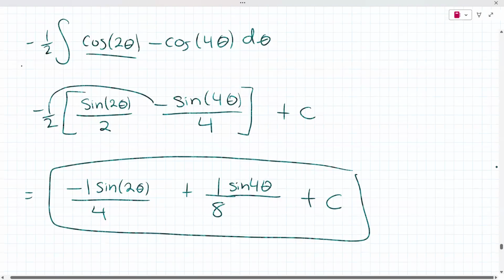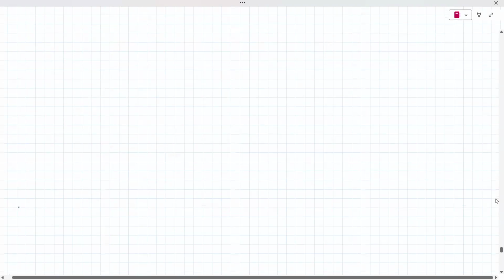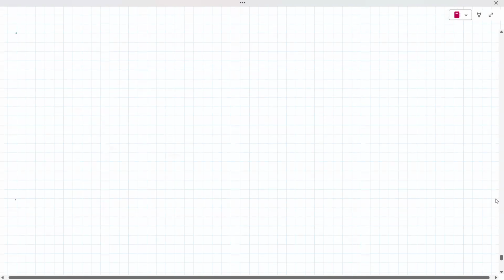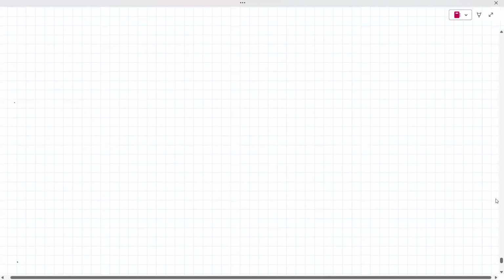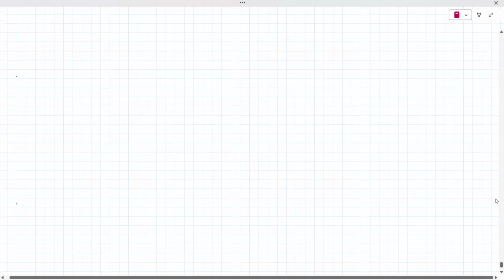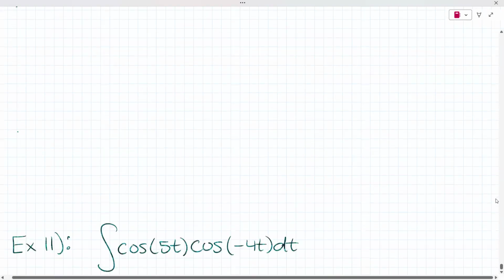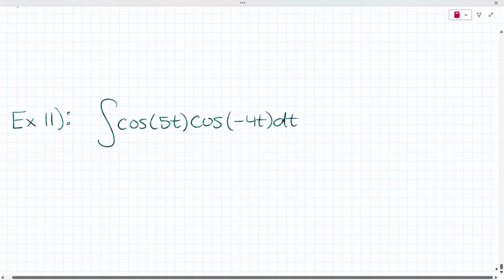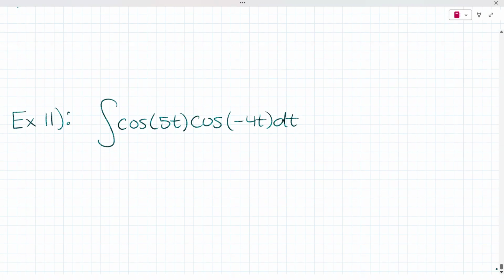Let's move on to the last one. Okay, last one, question 11. So we have the integral of cosine of negative 5t times cosine of 4t.